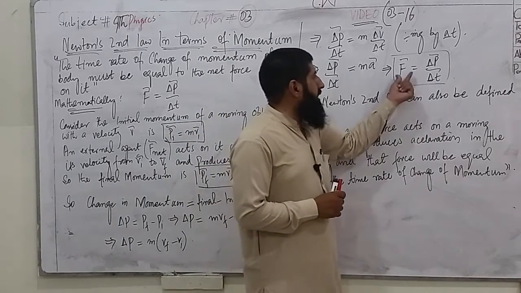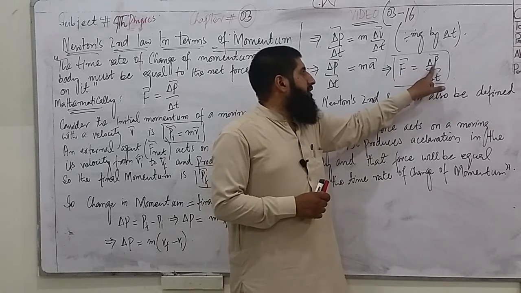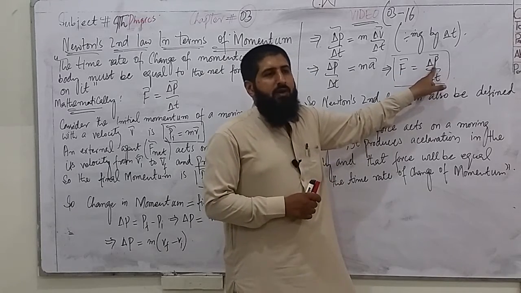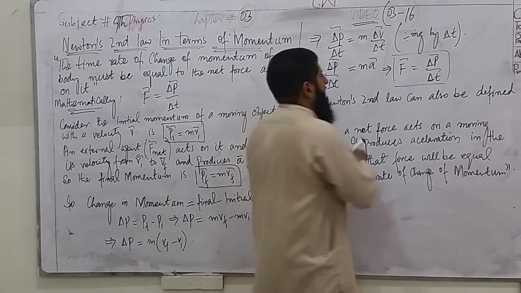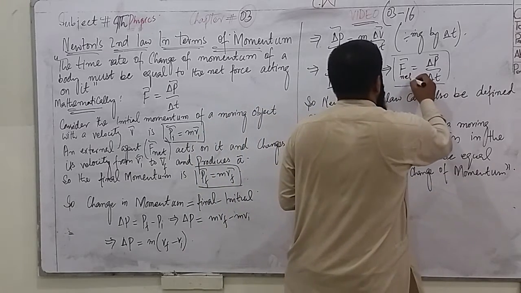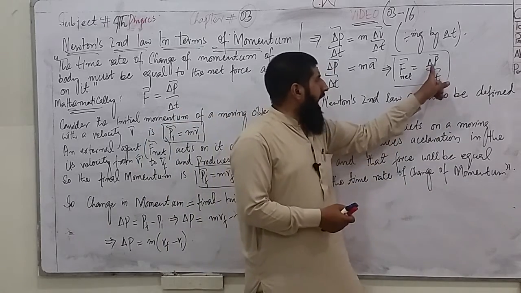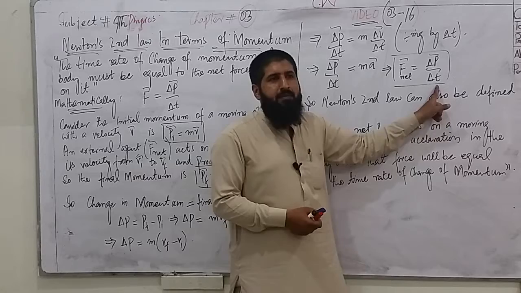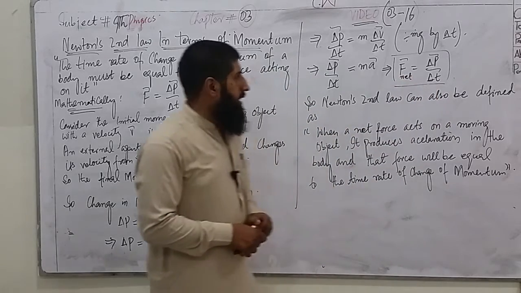So we can define Newton's second law in terms of momentum: the rate of change of momentum will be equal to the net force acting on that object. Here if we write the net force, then it will be more feasible. So the time rate of change of momentum will be equal to the net force acting on that object.